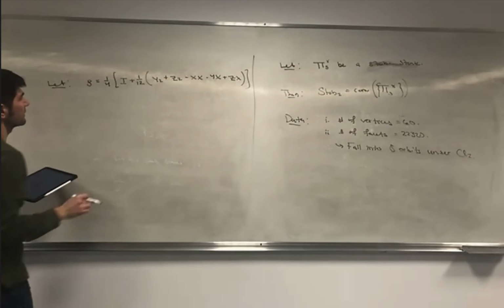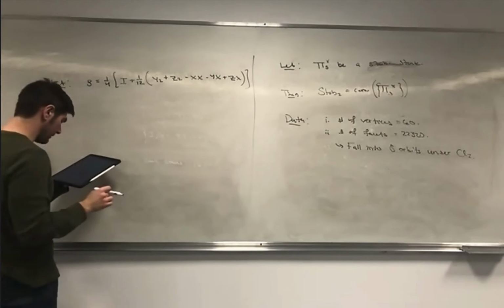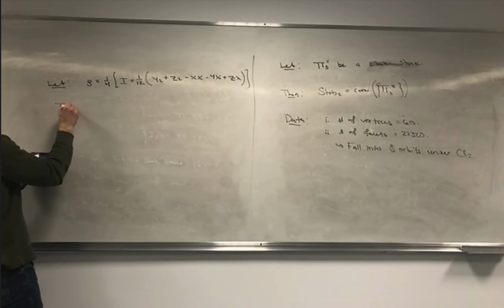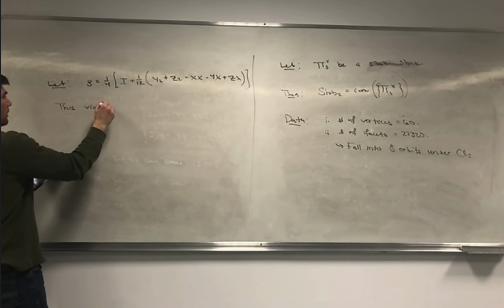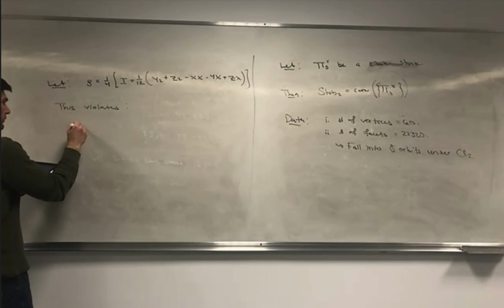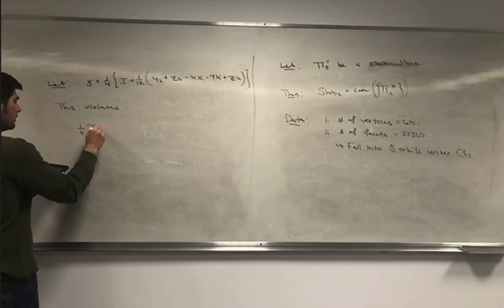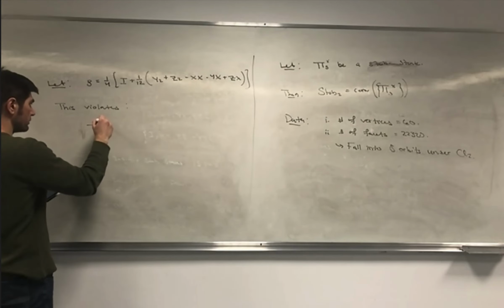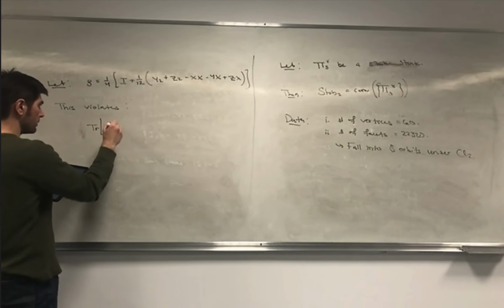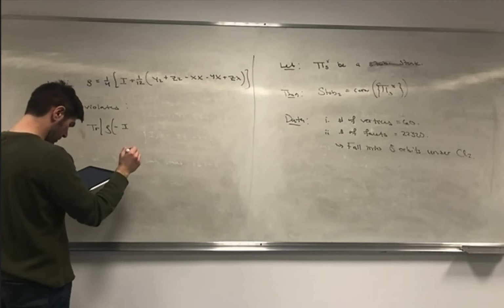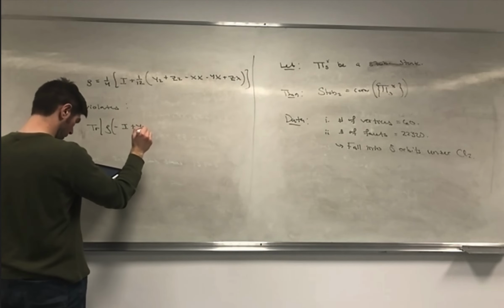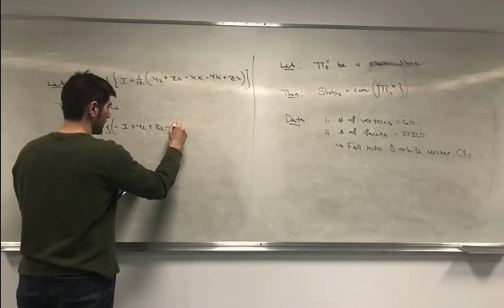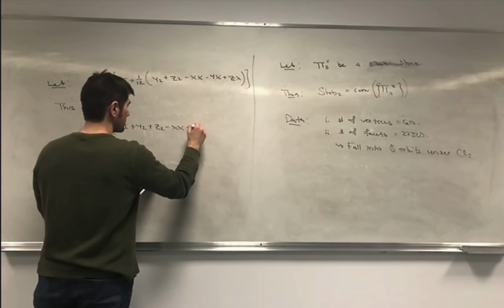Okay, and this violates at least one inequality, which is the following: trace, minus I plus Y2 plus Z2 minus XX, plus.